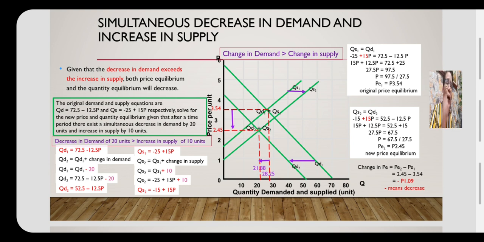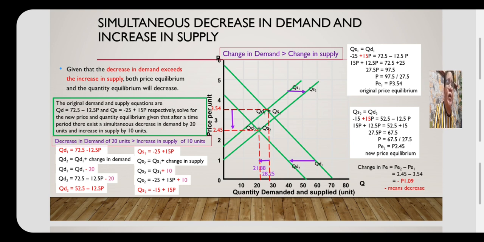Same with how we computed the original price equilibrium, we equate the original supply equation to the original demand equation, and then solve for the unknown variable P. And the unknown variable P is 3.54, which is the original price equilibrium.